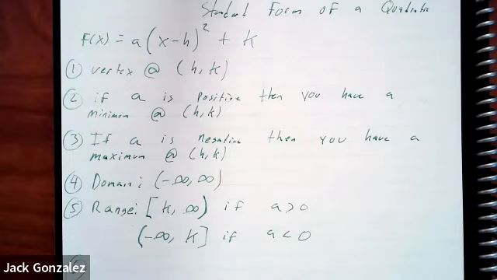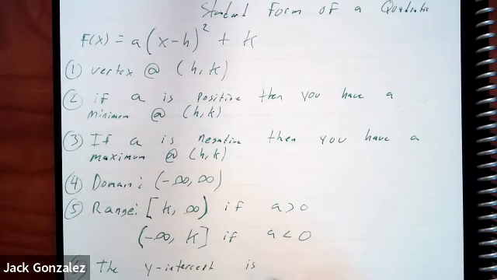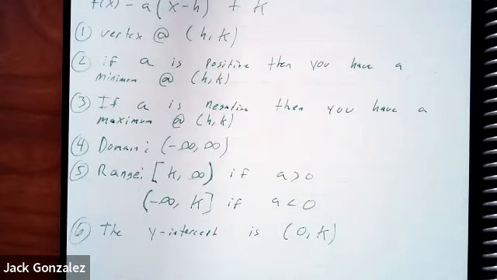I think that's it. Let me see. The y-intercept would be (0, k). Again, it has to be in that form though.